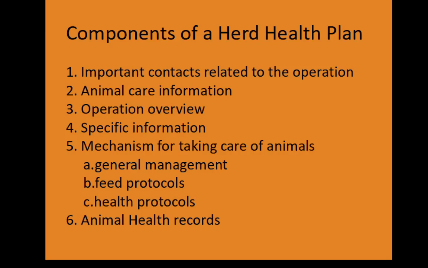And then specific information would include livestock inventory. We should have a head count of our animals, the dams, the sires, okay, that we keep, okay, the bulls, the rams. Okay. And then, of course, the breeds of animals. We should have that specific information handy.